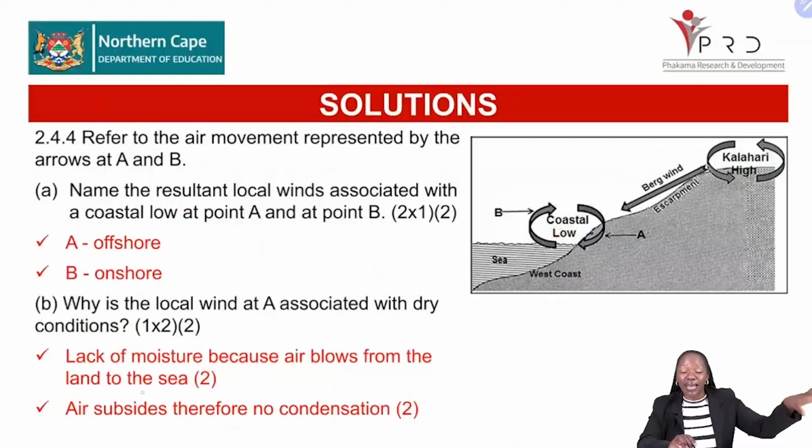Remember, it's from the land in the interior, then blowing down into the sea. The air subsides, so therefore there is no condensation. Remember, we need to give a reason why they are associated with dry conditions, because mostly there is a lack of moisture and there is no condensation.